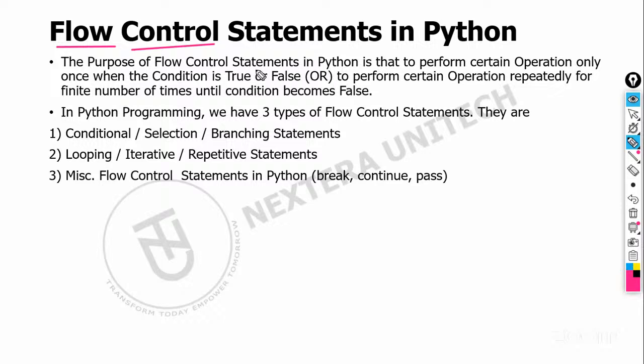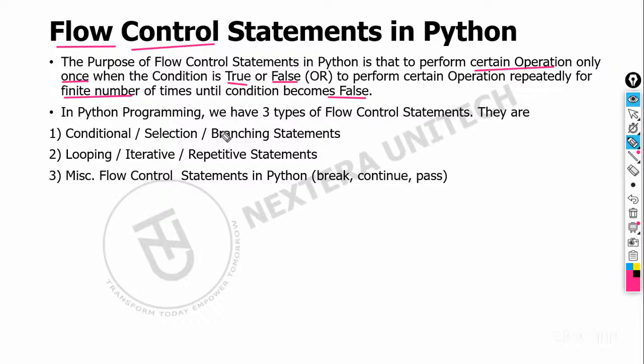These flow control statements help us to perform a certain operation, either when the condition is true or false. The operation that we are trying to perform will execute for once or for a finite number of times, until the condition becomes false.